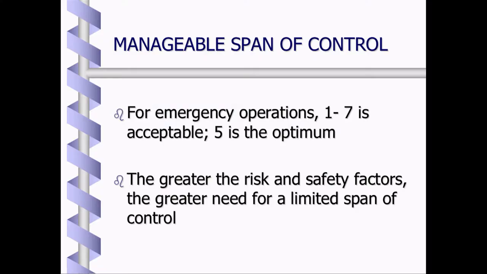Our safety factors go away, so we need to limit that span of control. So as the risk goes up, the optimum goes down. If we have something really high risk that we're doing, we wouldn't have 7 people talking to us. We may only have 3 or 4. We may break it down that far, to keep breaking it down to limit that span of control.